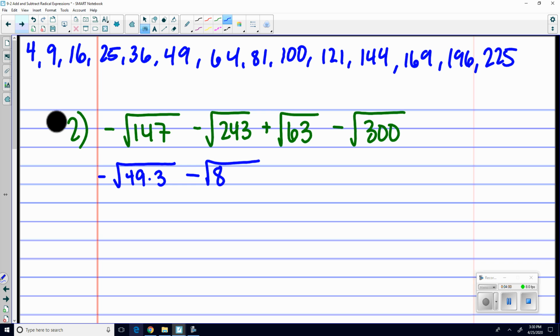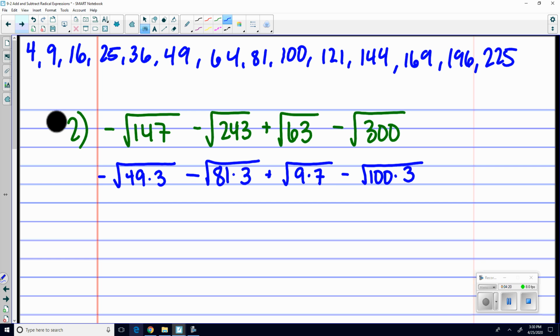So I'd have the square root of 81 times 3 plus 63 is a little bit of a smaller number, which is kind of nice. 9 goes into 63, and it's 9 times 7. And then minus 300, the biggest thing that goes into that would be 100 times 3.